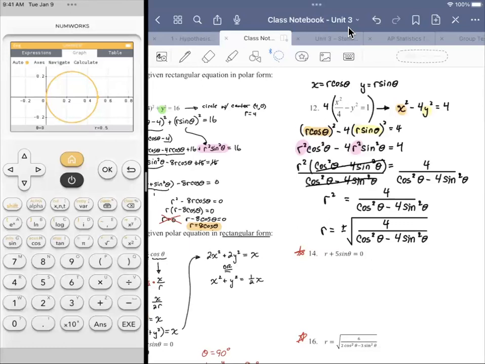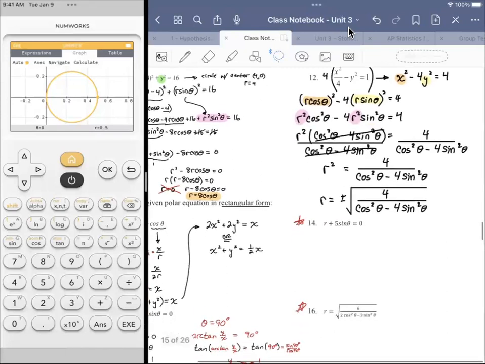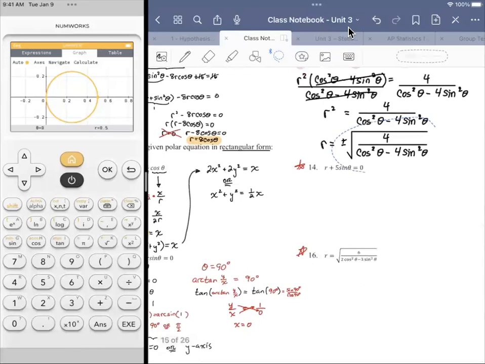All right. So that had some oomph to it. I mean, a lot more writing, but it still didn't do much beyond basic algebra, which is good. And you can see, if you compare this to number 16, they're essentially the same thing, or at least they have the same ingredients.